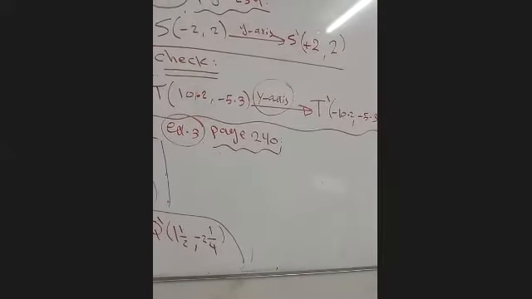We start from A to A prime. So the original is 2, 3 over 4, -4. What's the reflection, A prime? -2, 3 over 4, and the -4 stays -4.